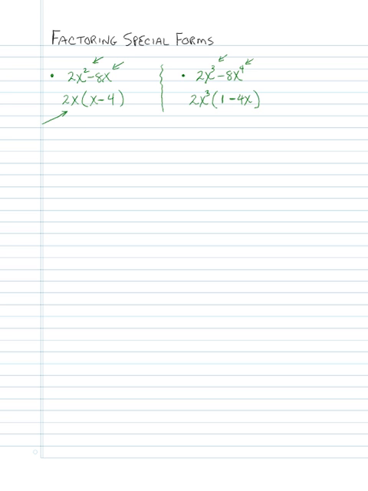Now we're going to change this a bit, and it gets a little more difficult, but I know that you can handle it. Now we're asked to factor 2x squared minus 8x to the power negative 1. This is probably something that you haven't seen, factoring when we have negative exponents involved.